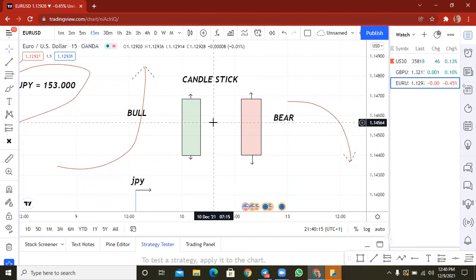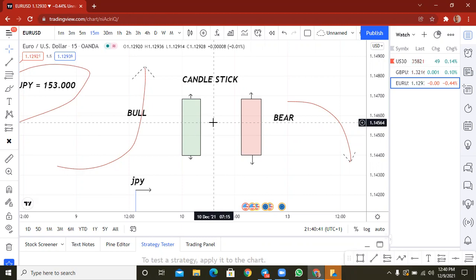So let's say the chart was set to a 5 minutes time frame, it means that it takes 5 minutes for each candle to successfully form. And if your time frame is set to 1 hour, it means each candlestick takes 1 hour to form, right?